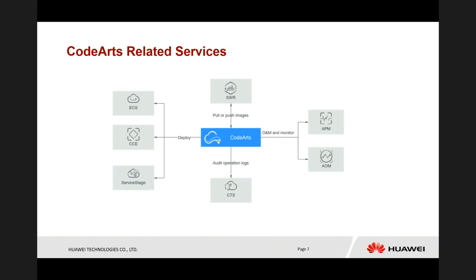You can also connect CodeArts to the server ECS, your Kubernetes CCE, or ServiceStage, and after you connect, you can directly deploy onto your server or container. You can also use it with AOM and APM for monitoring, and CTS for audit operation logs.